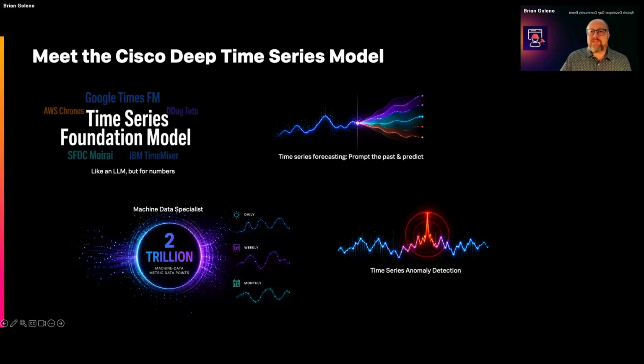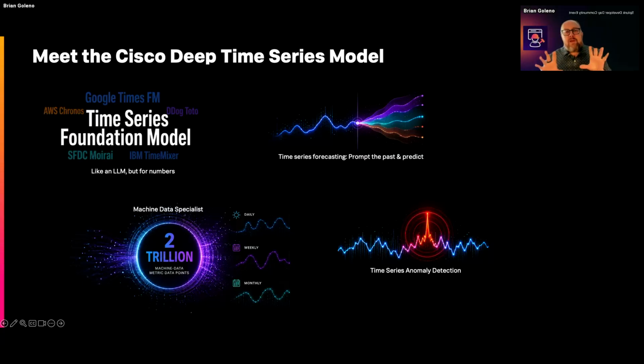Think about a time series foundation model as an LLM, right? Large language model, but for numbers instead of words, right? Specifically time series numbers. In the same way that a large language model sees the relationships between words and understands them to the point where it can start to reason about language, a time series foundation model is doing the same thing for these relationships between numbers or small patches of numbers and seeing how they relate to each other, both temporally and oftentimes across other time series that might be related to it.